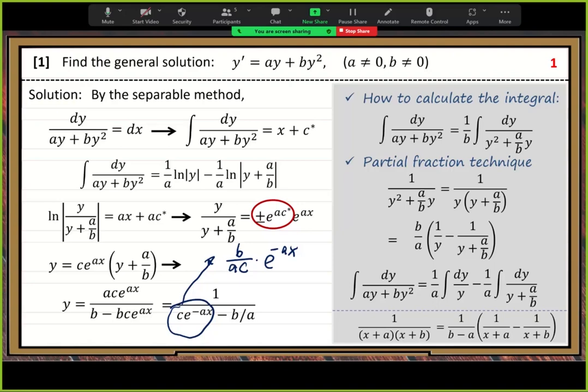Can we use a constant symbol to represent that whole thing, B over AC? Let's say C1. Is that okay? We can use C1, right? So if I use C1 here, you have no problem, right? But if I use C, do you have a problem? If I use C, do you feel okay?